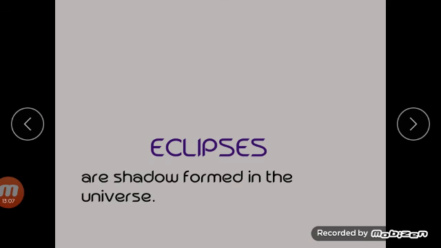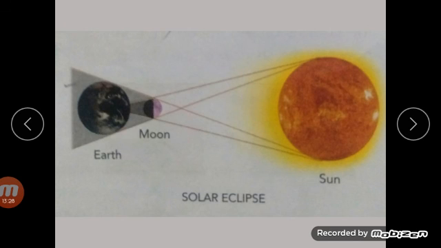Now, eclipses. What are eclipses? Eclipses are shadows formed in the universe. These eclipses are the shadows which are formed in the whole universe. The sun is a source of light, while the earth and moon are opaque objects. You know, children, here in this image only one source of light is there, that is the sun.